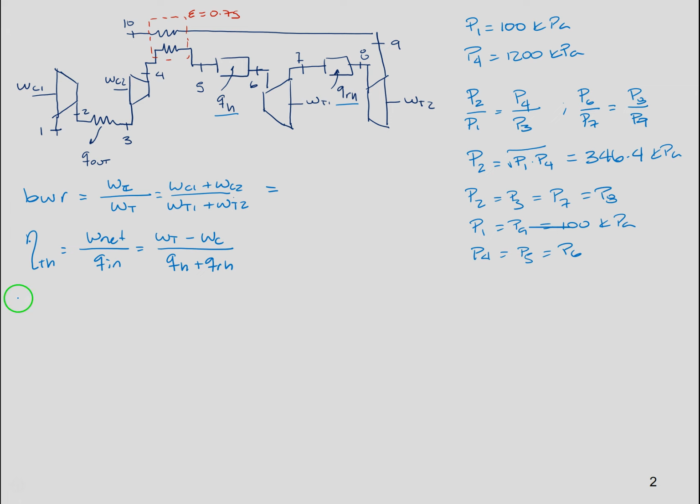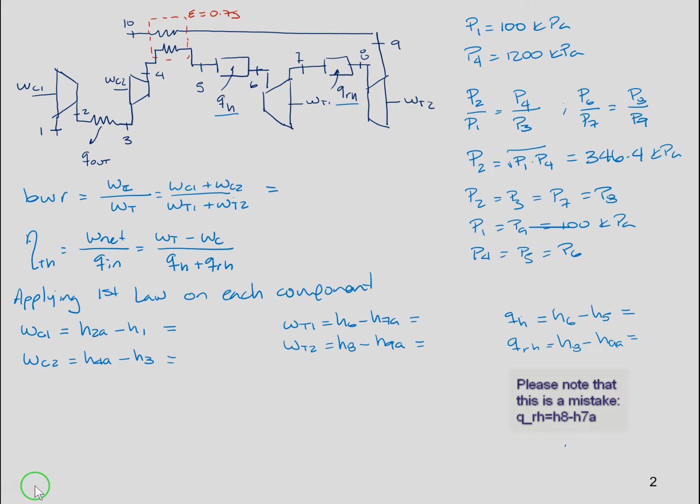Now, applying the first law, we can find the following expressions. If you don't remember how we got this expression, go back to your notes or perform a first law analysis for each of the compressors, starting from the general expression and eliminating what is not needed. We can notice that we need to find state 5, and in order to find state 5 we use the definition of effectiveness.